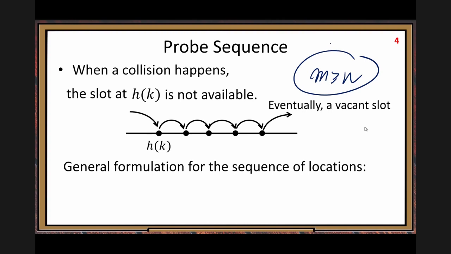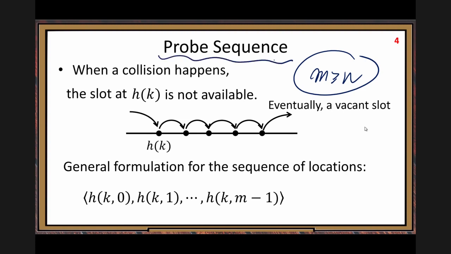Now the general formulation for the sequence of locations. What's the meaning of probe sequence? We consider a sequence of locations. This sequence gives us the locations to check: the first one, second one, third one. But we need to define this function.